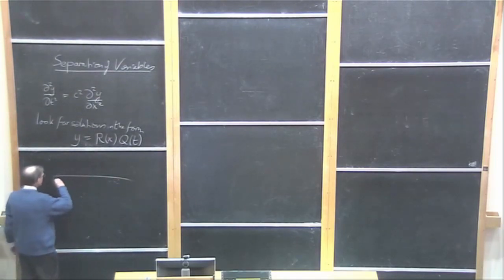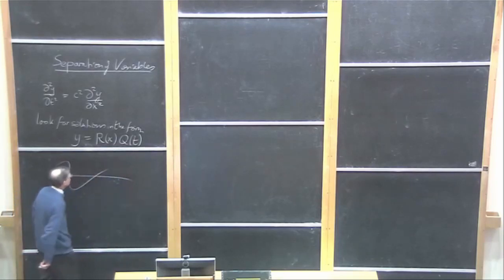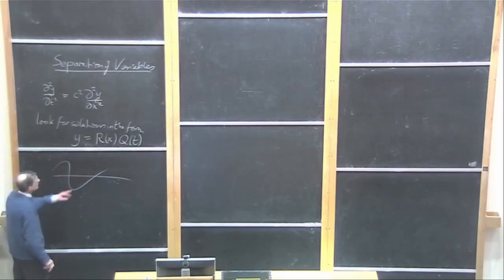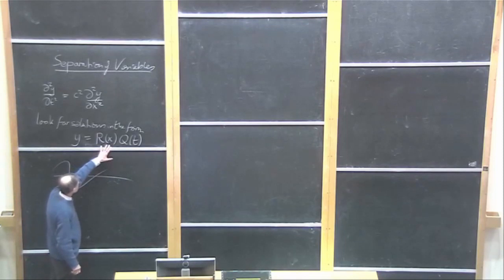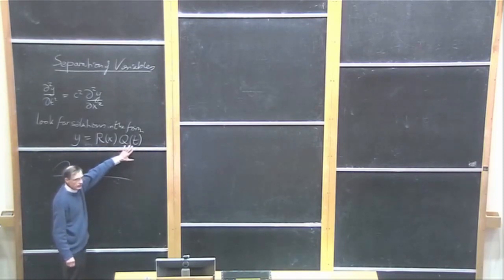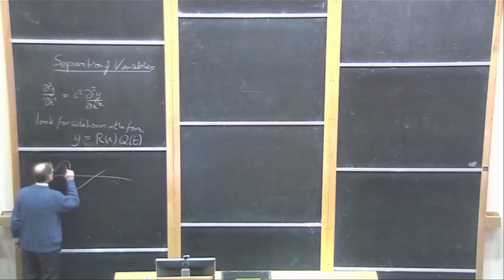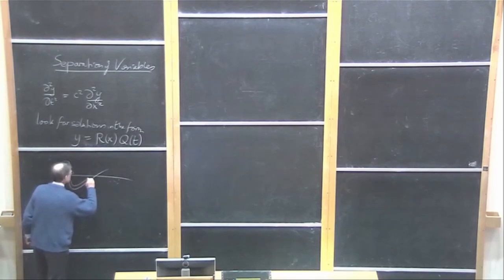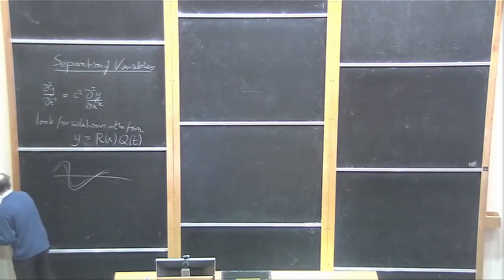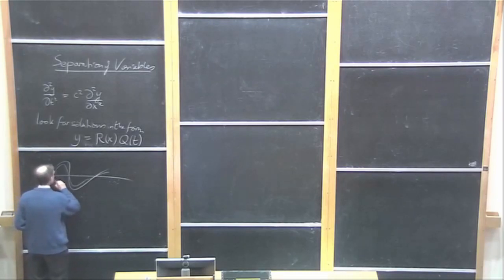If we sketch the function R, whatever it might be, then the wave always has that shape. It's just modified at different times by the different values of the function Q. So at some other time it might have that shape, and at some third time it might have that shape.